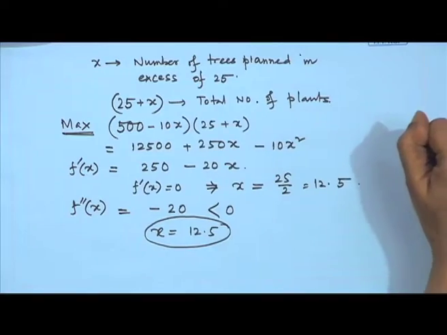But that should not be. Always x will have values 1, 2, 3, 4, 5, etc., integer numbers. Now, we are getting x equal to 12.5. That is why this is not the correct process to judge that we are getting a nice result. That is the disadvantage of using the classical optimization technique.